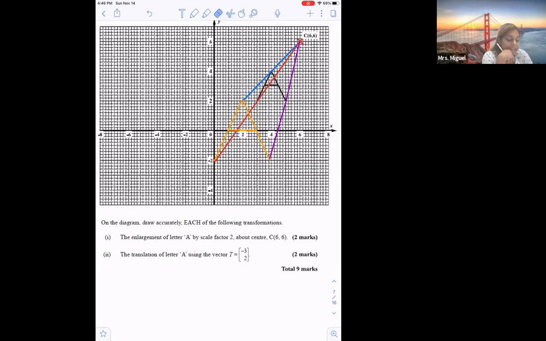So we have to identify the coordinates of each of the vertices of that A. Right? So it is going -3, 2. So we could do it one out of 2 ways. We could list all the points. So we could list the vertices of this point.